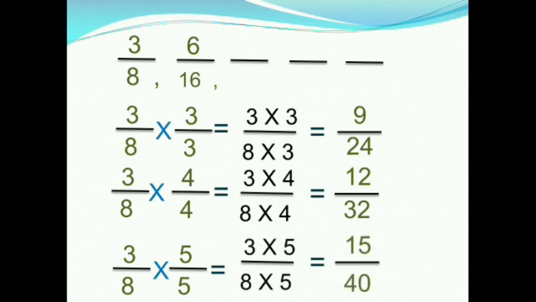The next equivalent fraction is 15 by 40. Therefore, the equivalent fractions of 3 by 8 are 6 by 16, 9 by 24, 12 by 32, 15 by 40.